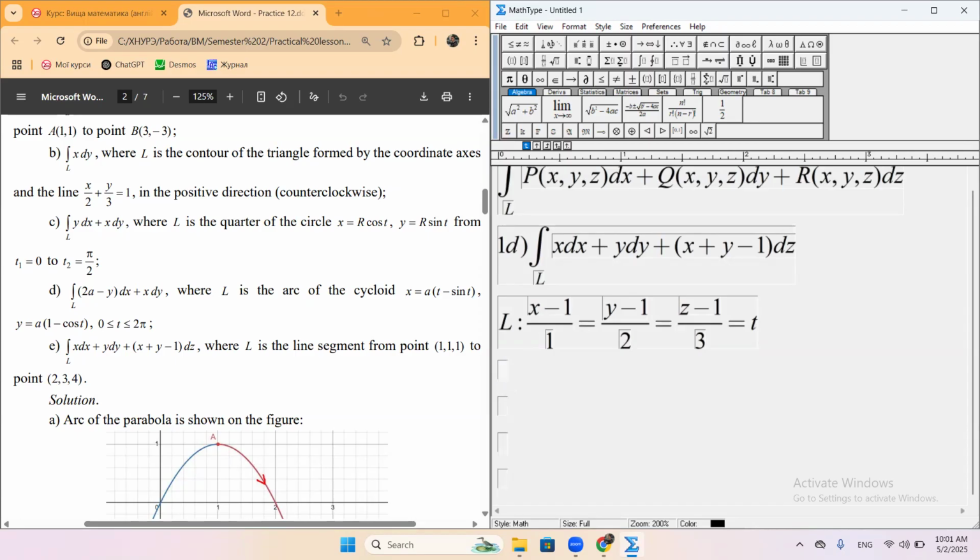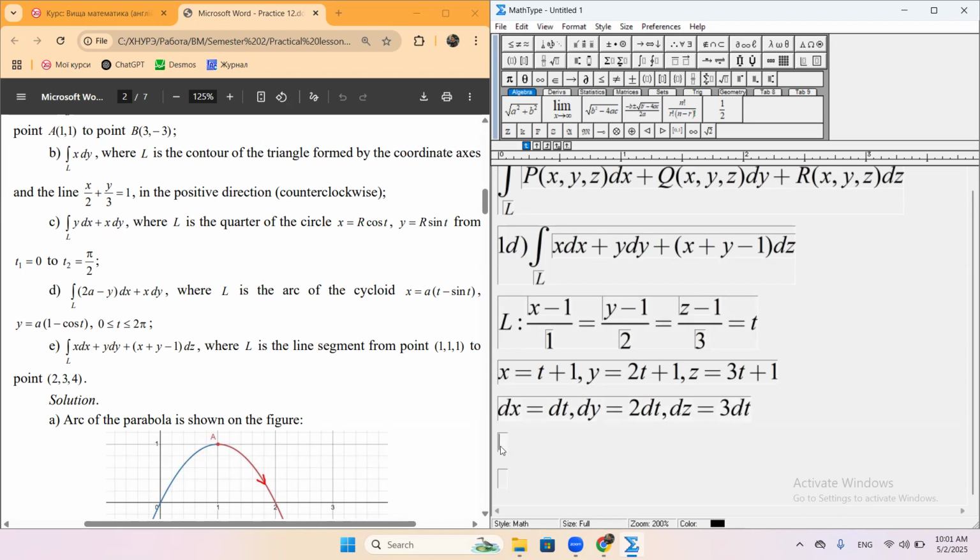So x equals t plus 1, y equals 2t plus 1, z equals 3t plus 1. Then dx will be equal to dt, dy equals 2 dt, and dz equals 3 dt.